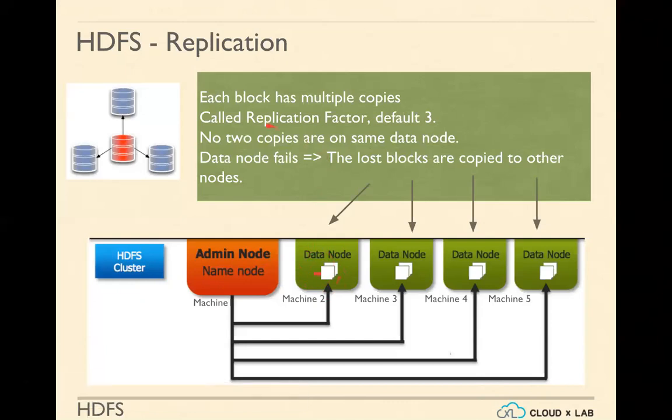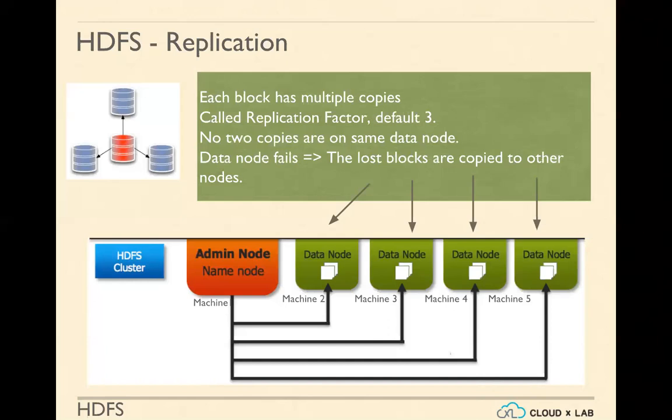But since we had a replication factor of 3, those blocks would have copies on other nodes. So a copy will be kept here as well, since this one has gone down. If any of the data nodes fails, the lost blocks are recovered from existing nodes and their replication factor will be rebalanced by creating one more copy.